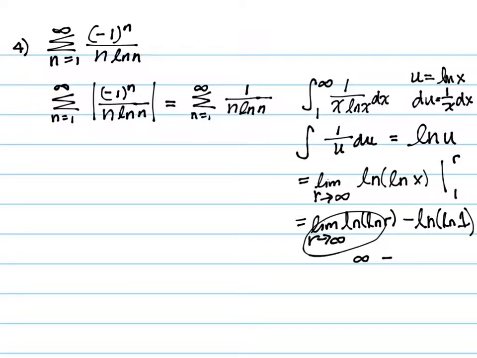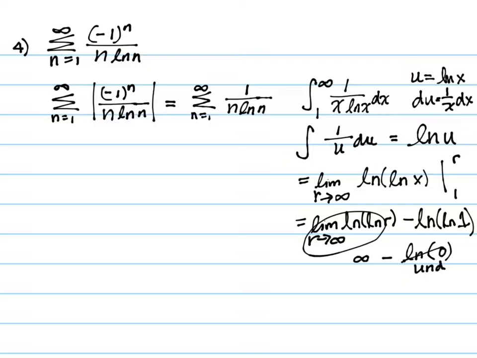What's the natural log of 1? It's 0. And we run into a problem because this one then becomes natural log of 0, which is undefined.